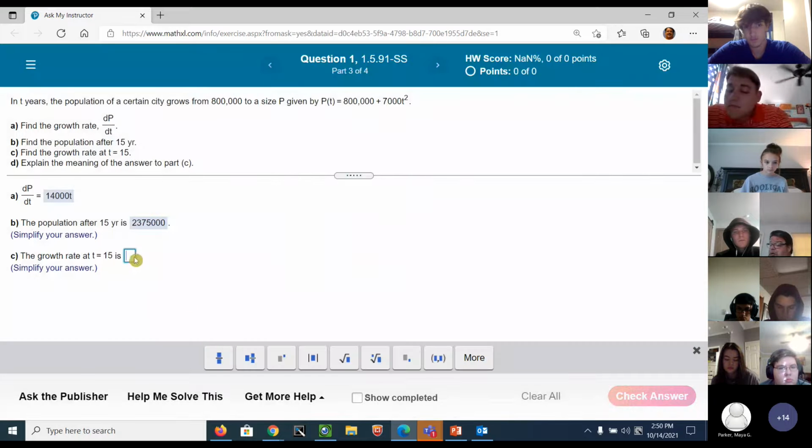And the growth rate is 210,000. And they're going to ask, what are the units? Well, 1,000 people per year or whatever.